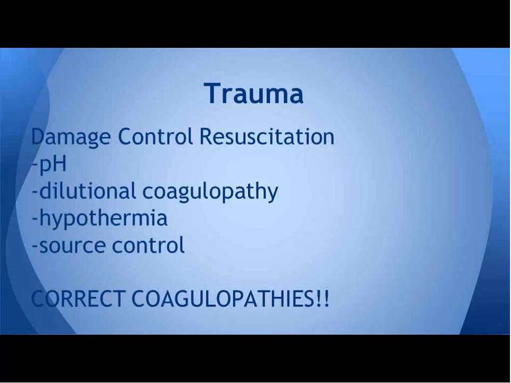Those are the patients that you would allow to trend back up to normothermia. And then source control is the key tenet. So if your patient's bleeding, has a head full of blood, you can do all of this stuff, but if they're not headed to the OR or to an interventional procedure quickly, you're not serving your patient well. So correct your coagulopathies, get your neurosurgeon lined up, and get them to the OR quickly.